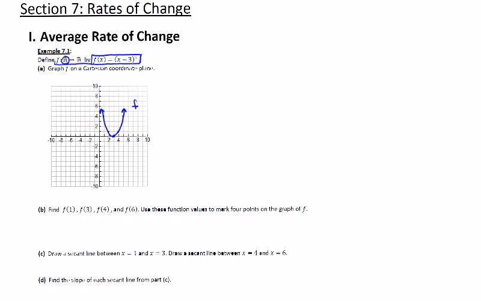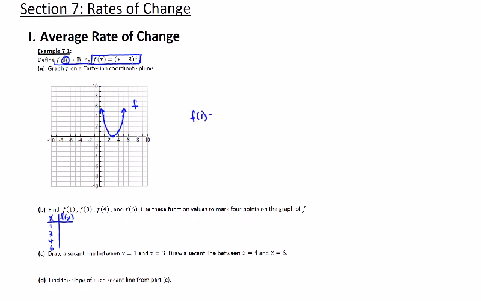The easiest thing would probably be to think of this from a table perspective. That'd be a good way to organize our work. We'll have x, f of x, and I'll put 1, 3, 4, and 6. Over here in the margin we can do the calculations.